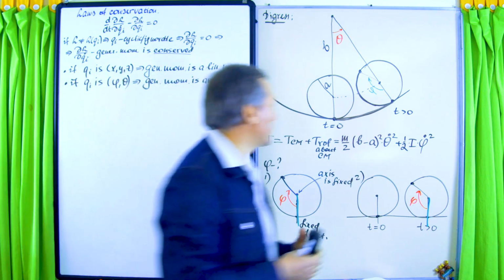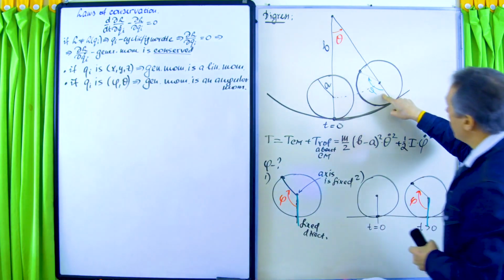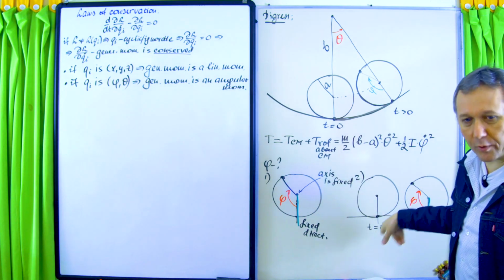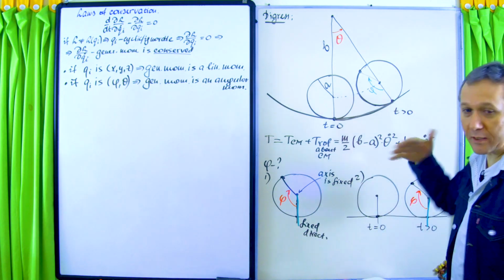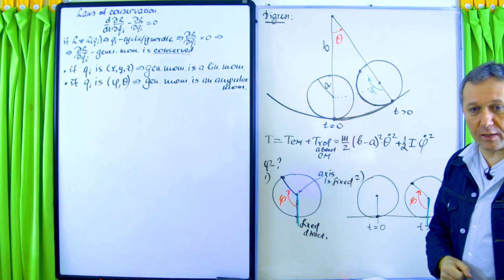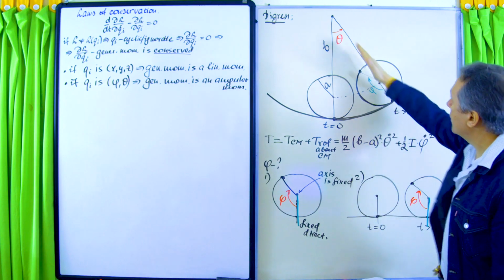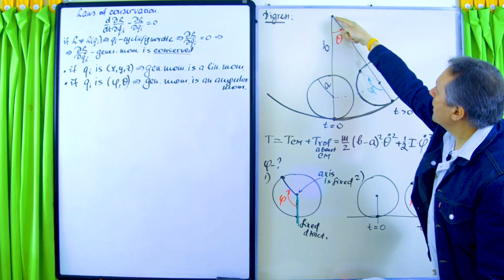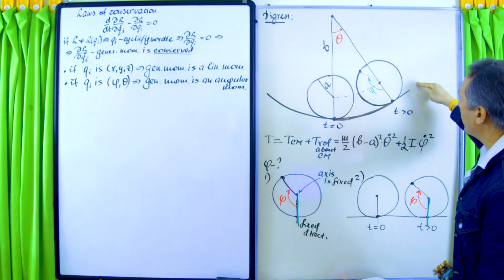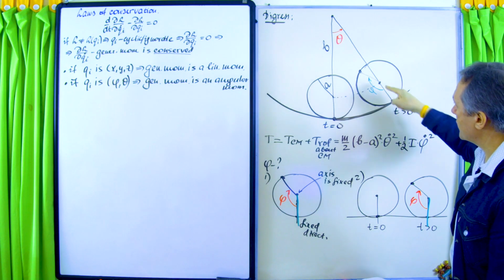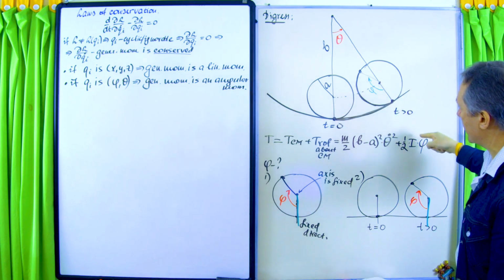Now let's look at our case. If we measure angle phi, like here, out of force of habit, from the line which goes through the point of contact, and very often that's what students do. So if we try to measure angle phi this way, now let's displace it even more. If the point of contact is here, look what happens with the direction from which we measure the angle. First the direction is this way.